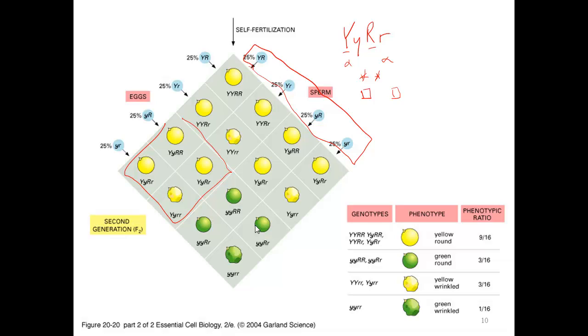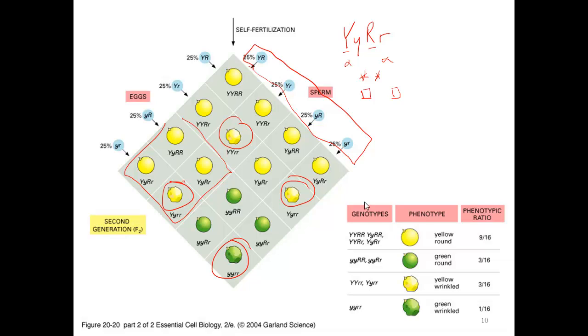Likewise, if we look at smooth and wrinkled, we have 4 wrinkled peas. We have 12 possible smooth peas. So once again, you have a ratio of 3 to 1 on smooth versus wrinkled.